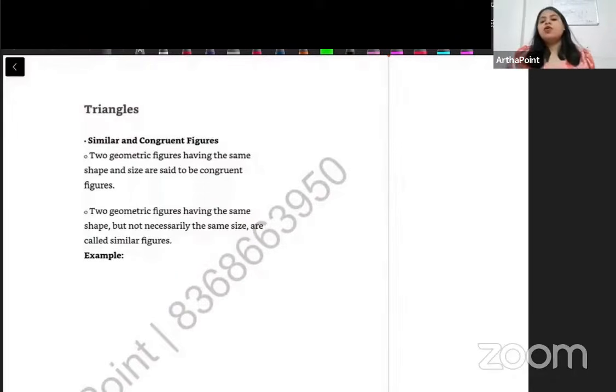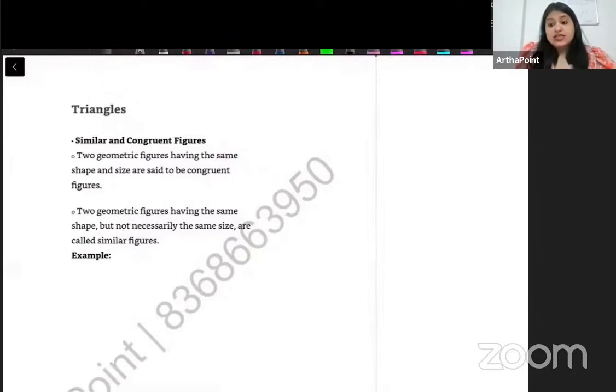First, we want to understand the difference between similar and congruent figures. Two geometric figures that have the same shape and size, both should be the same, meaning as much as one is, so is the other, are called congruent.